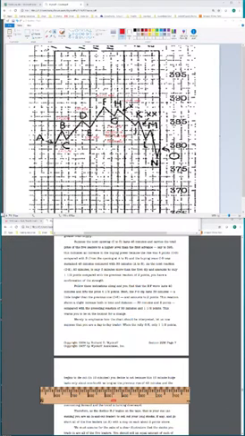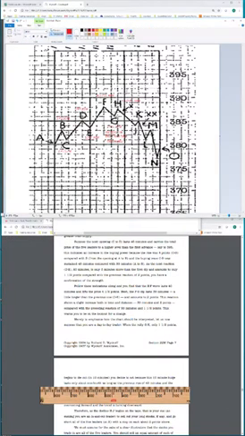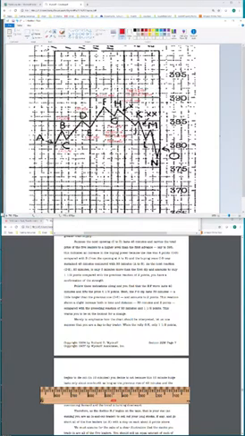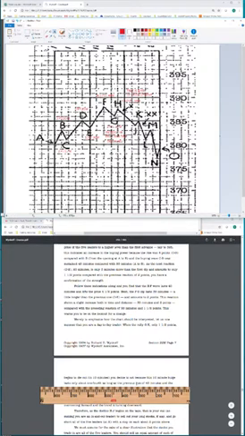Time is 1/4 of the prior upwave. Okay? Why? The prior upwave is 40 minutes. This move up is only 10 minutes. So it's 1/4 the time.